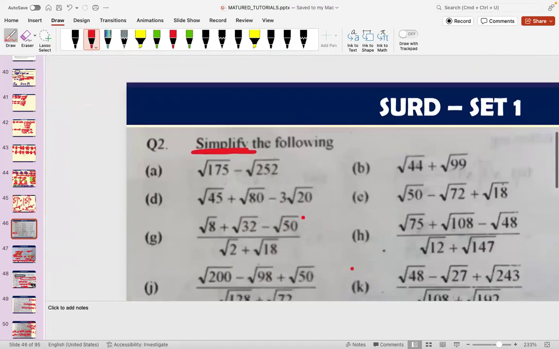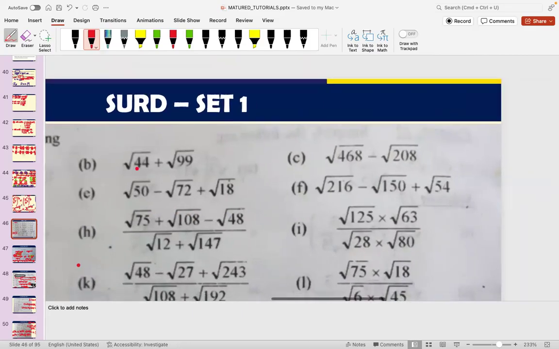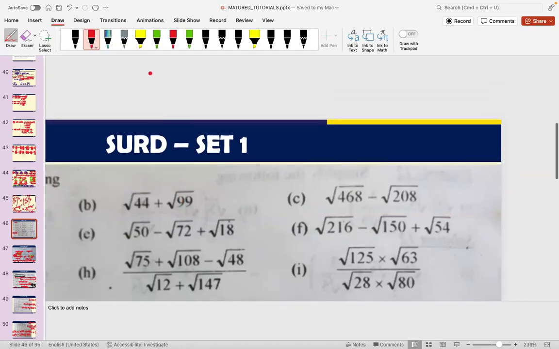So we use the same strategy for B. Square root of 44 plus square root of 99. So again, we come back to the perfect square thing, which I know will take some time for some of you to understand. The question is that 4 is the same as 2 times 2. That is perfect.